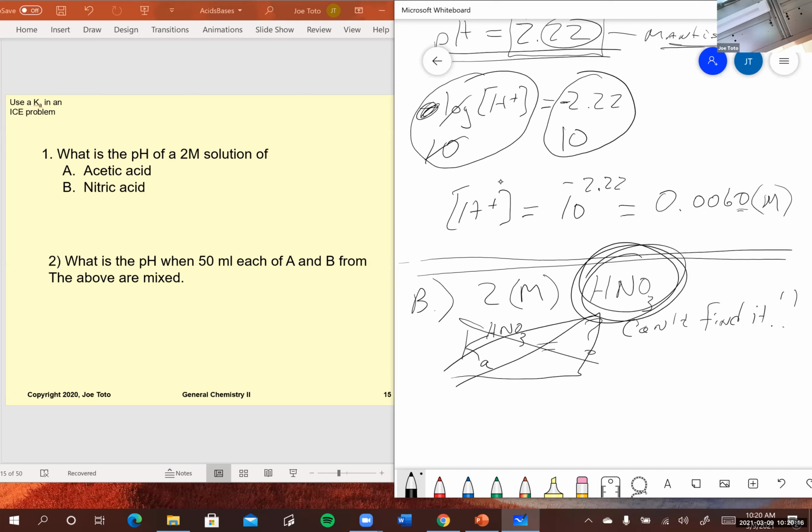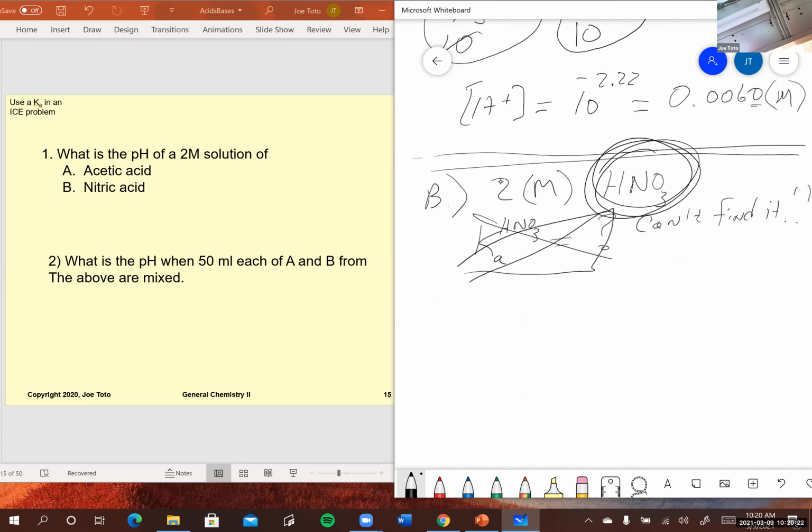So this problem is easier than an ice table. Since it's one of the 7 strongs that you have to memorize, then you know there's really not an equilibrium. It's a big arrow that way, microscopic the other way. So we get H plus completely, 100%, and NO3 minus.